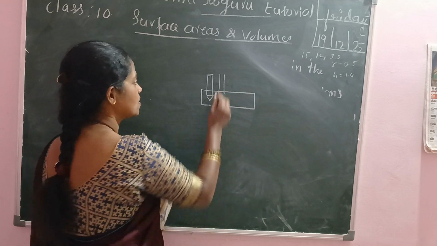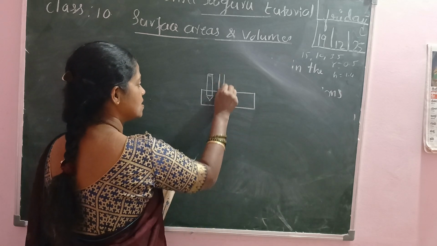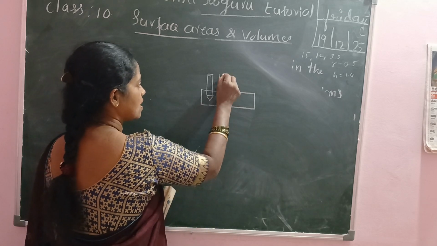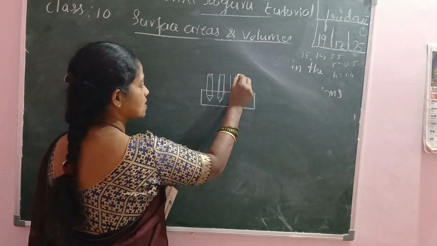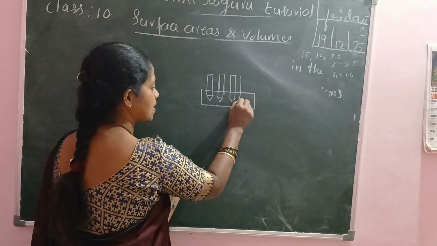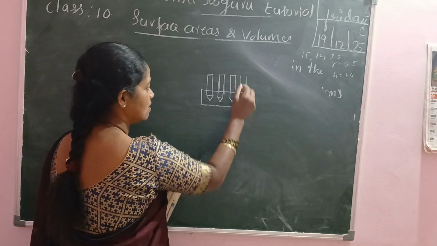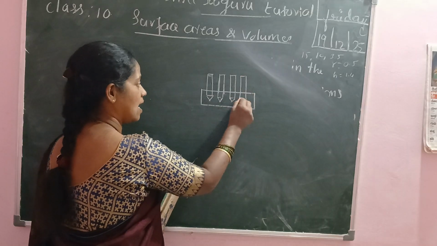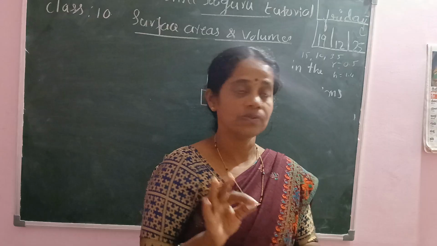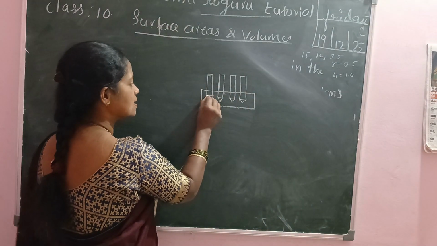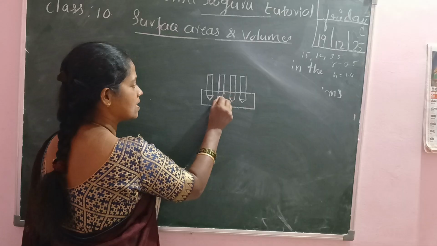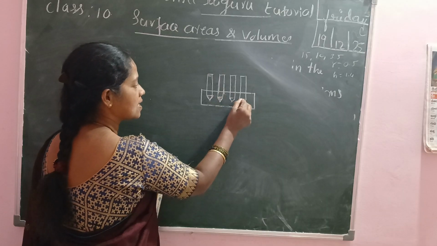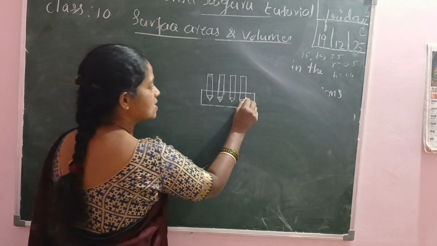Here I want to draw the diagram: the second pen, the third, and the last one. So totally four pens are there, and each makes a cone-like depression. This part is a depression, and its radius is given.